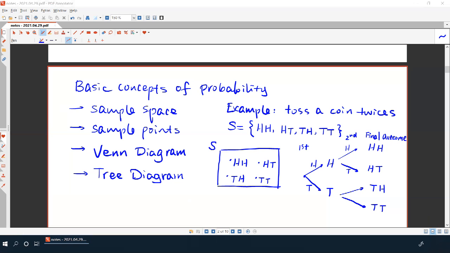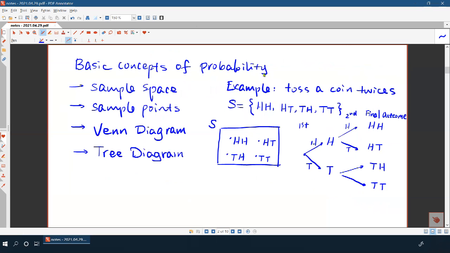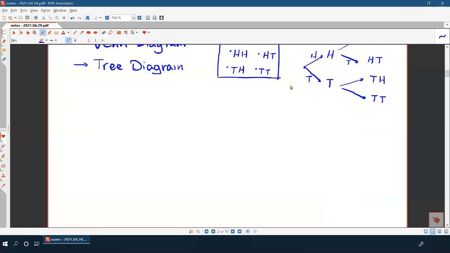All right, next is how do we define probabilities? There are three common methods to define probabilities.